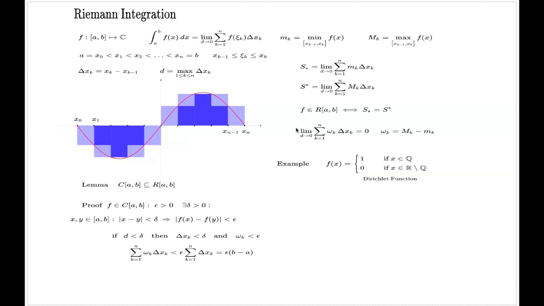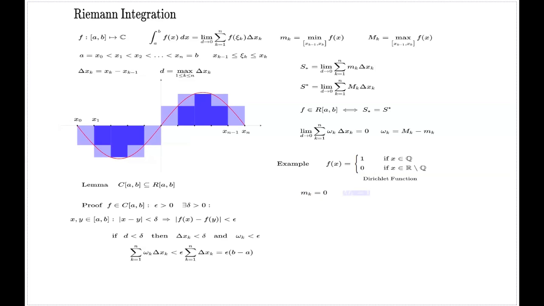Again, this can be tested via this criterion. First I have to compute the min and max of my function over subintervals, and for this function that's easy. Whatever partition I choose, my min will always be 0.